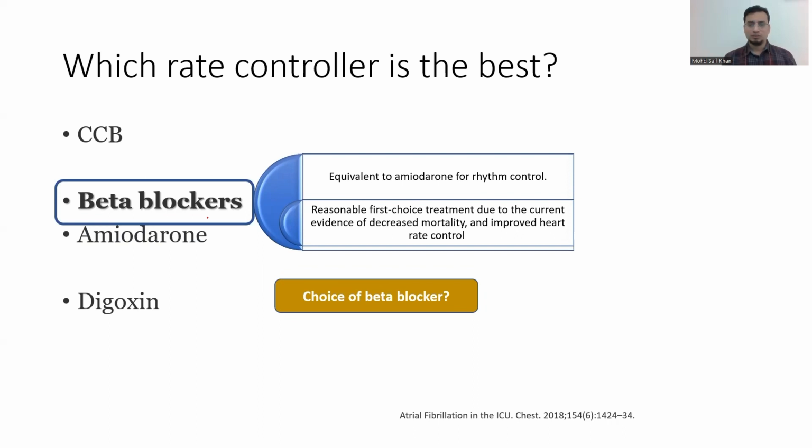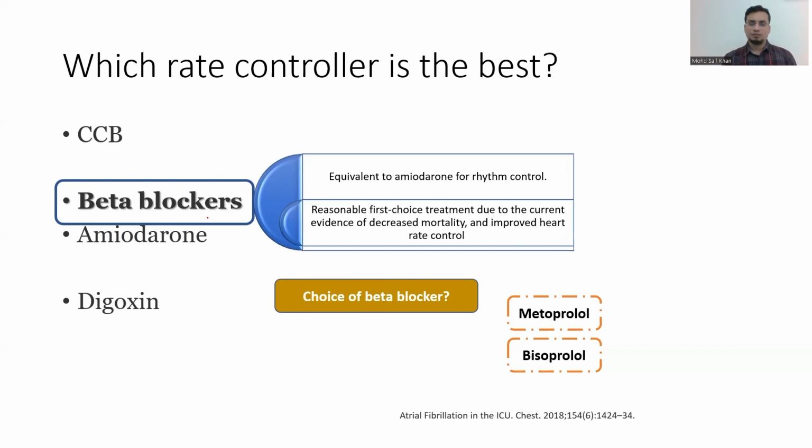But in ICU patients, you can say bisoprolol is better compared to metoprolol, because it is more cardioselective. But the problem is that bisoprolol can cause more bradycardia compared to metoprolol. So you still have to see the risk and benefit if you are selecting metoprolol over bisoprolol.